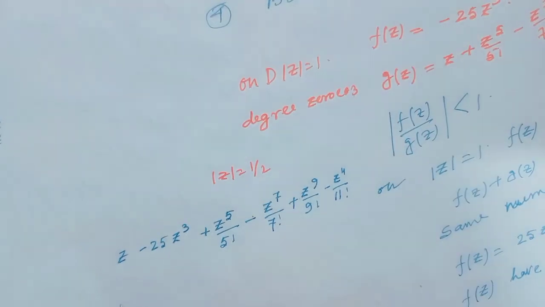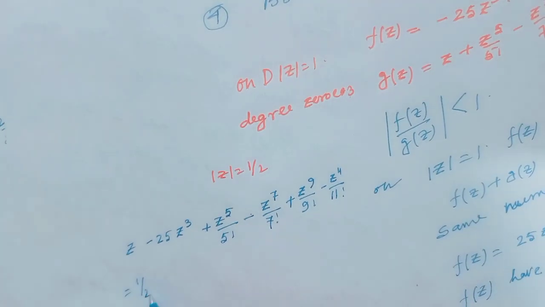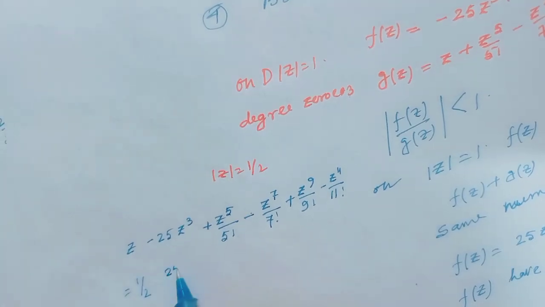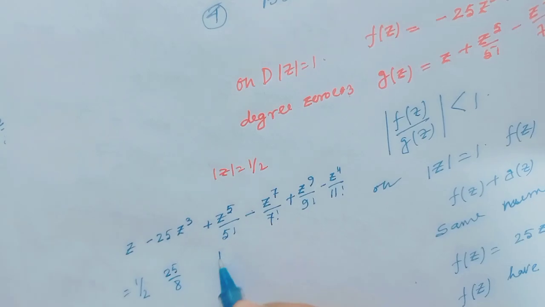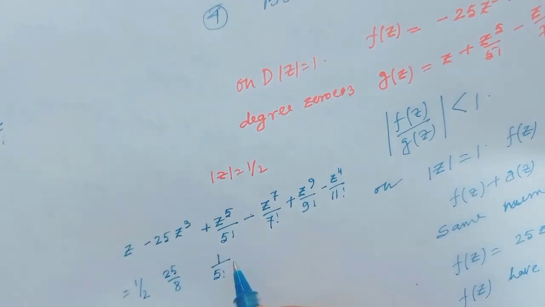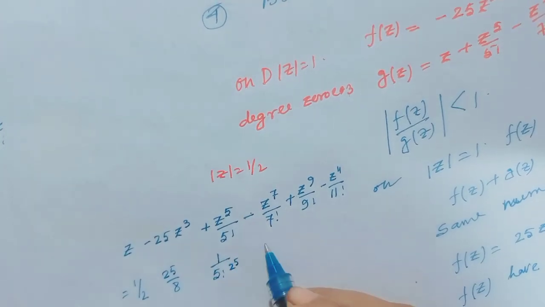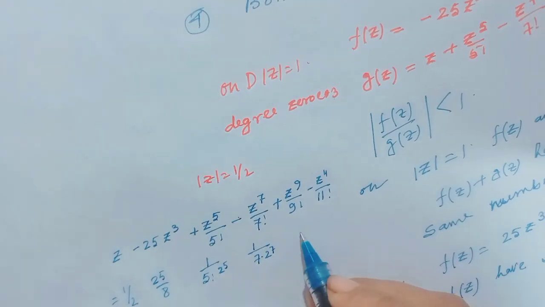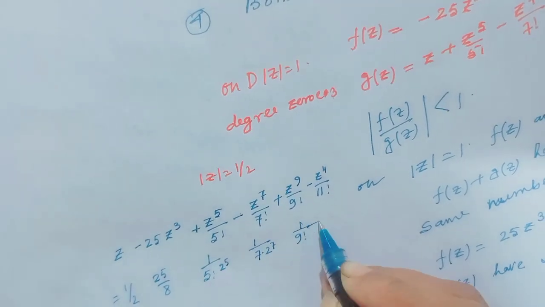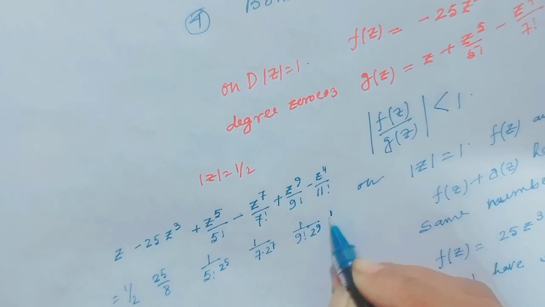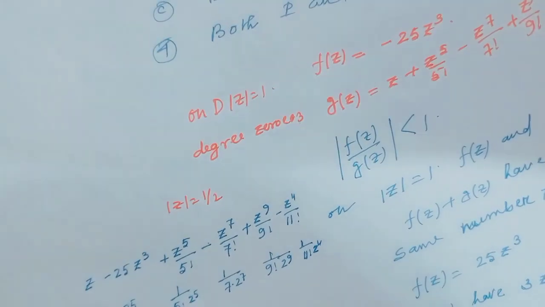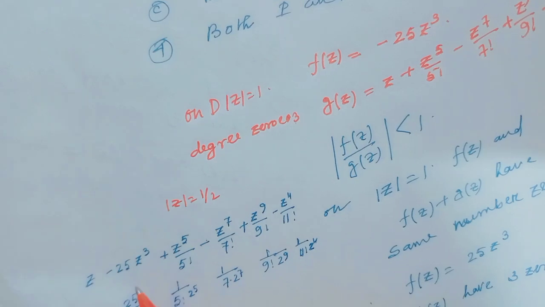When mod z equal to half, this value is 25 over 8. This is 1 over 5 factorial times 2 to the power 5. This is 1 over 7 factorial times 2 to the power 7. This is 1 over 9 factorial times 2 to the power 9. This is 1 over 11 factorial times 2 to the power 11. Here the maximum term is also this one.